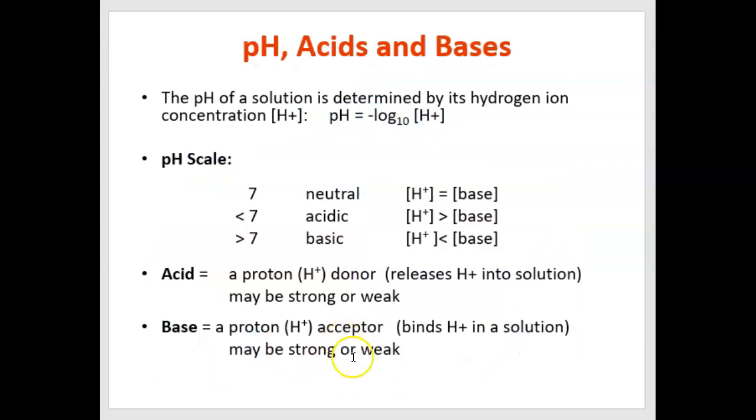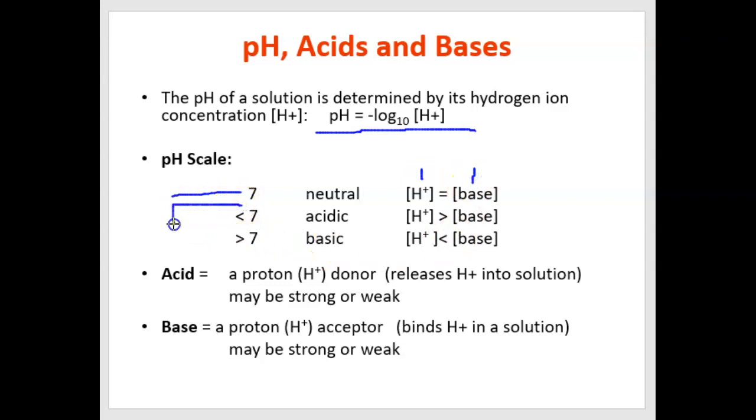So the pH of a solution is determined by its hydrogen ion concentration. There's a mathematical formula for calculating it that involves taking the inverse of the log of the hydrogen ion concentration. You won't be performing that mathematical calculation in this class. It's important that you know that 7 is neutral, and so the amount of acid is equal to the amount of base.